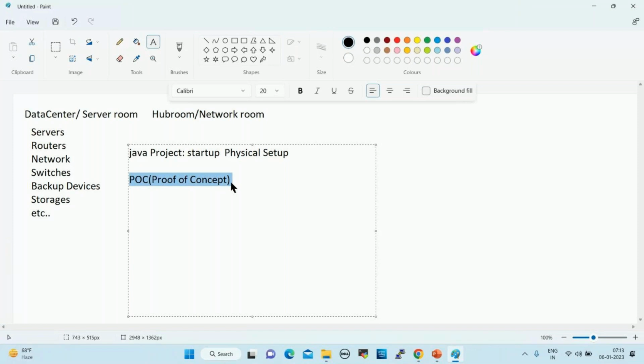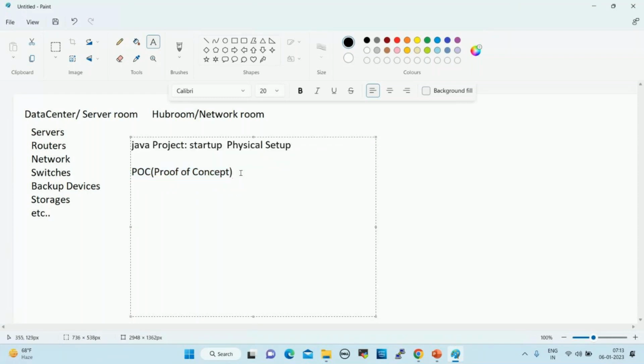If the POC is approved by the client, then we'll get the real project. Otherwise, if the client rejects this POC, you don't get the real project. For this POC, the client gives you a 45 days timeline.